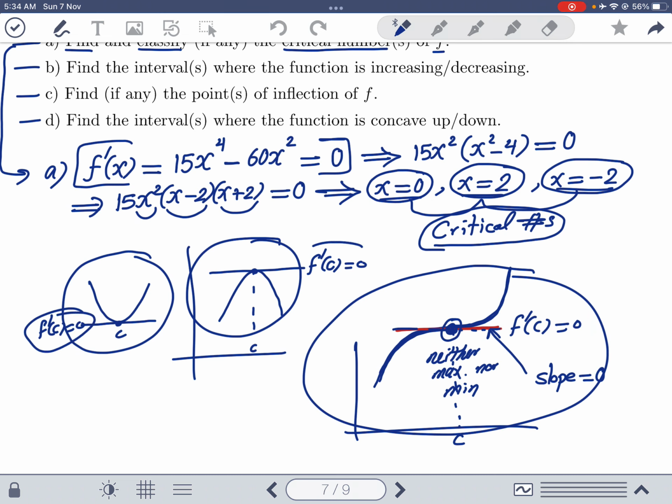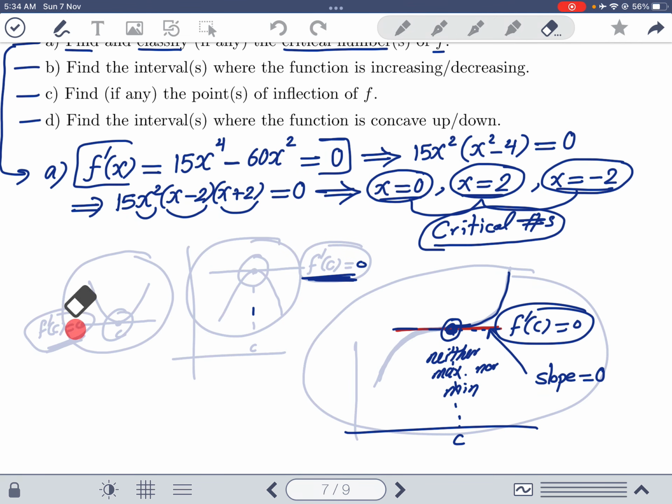So if f prime at c is 0, it does not mean that automatically it's a minimum or maximum. It could be a situation like this. But if you have a minimum or a maximum, then definitely the derivative at them is 0, so they are critical numbers. Okay, I will take this out now.